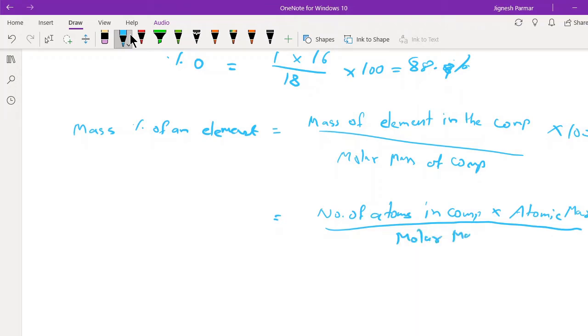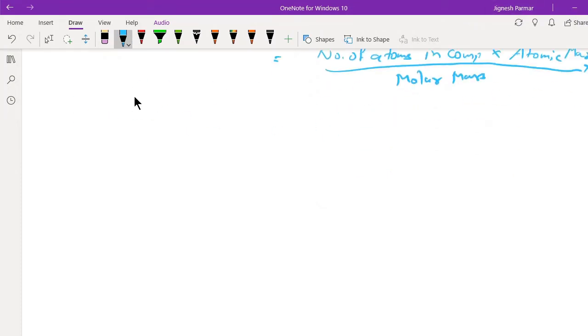So we can utilize this formula and find the percentage composition of the compound.